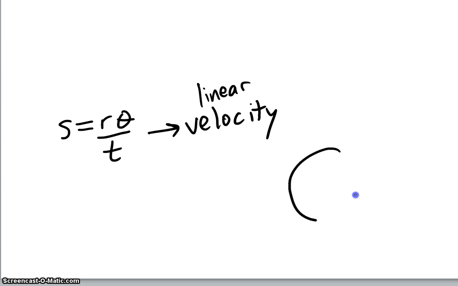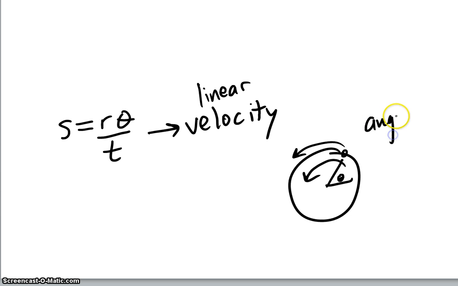If we talk about how fast this angle changes as the point moves, then we talk about angular velocity, how fast an angle is changing over time.